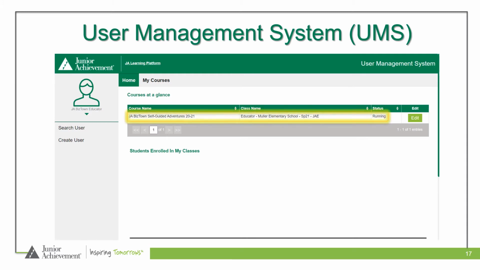You will see your class associated with you in the center. The UMS is linked to the JA Connect learning platform. This is where you will locate the self-guided curriculum. There is a link in the top left-hand corner that will take you directly to the JA Connect learning platform. Let's follow the link and I'll show you around.